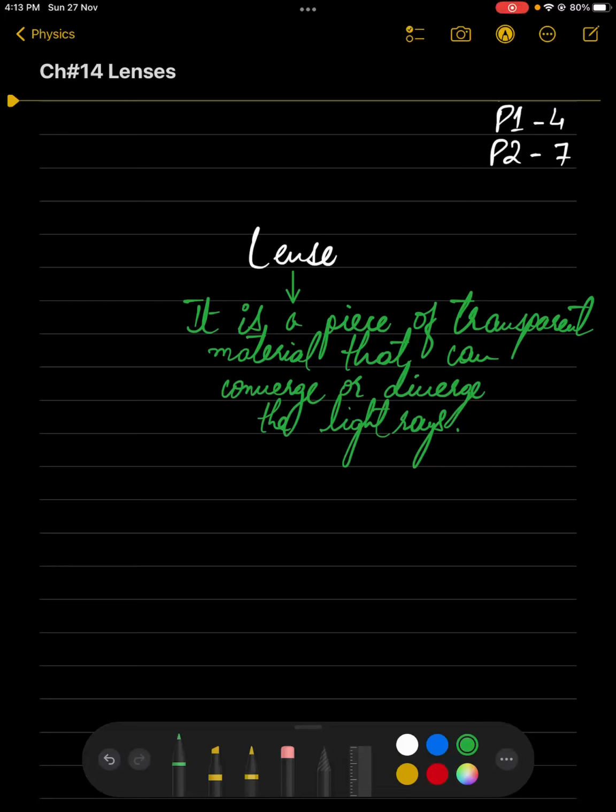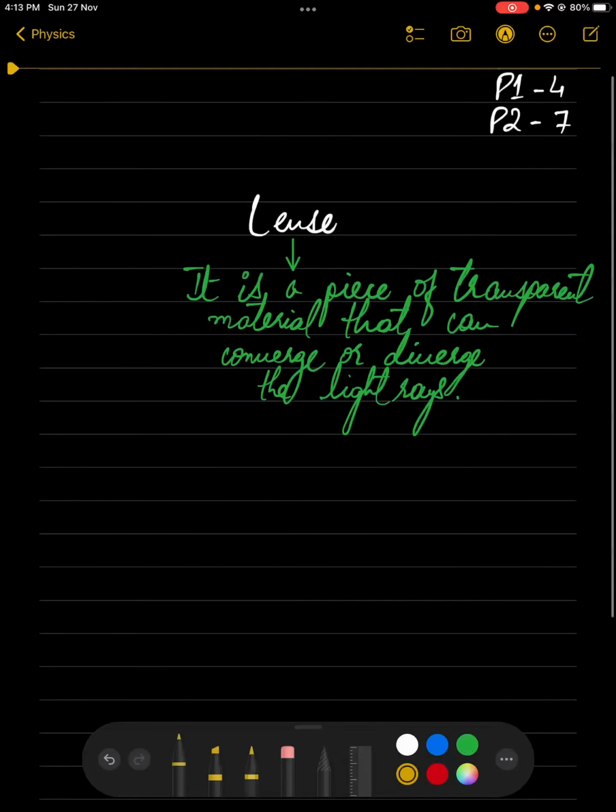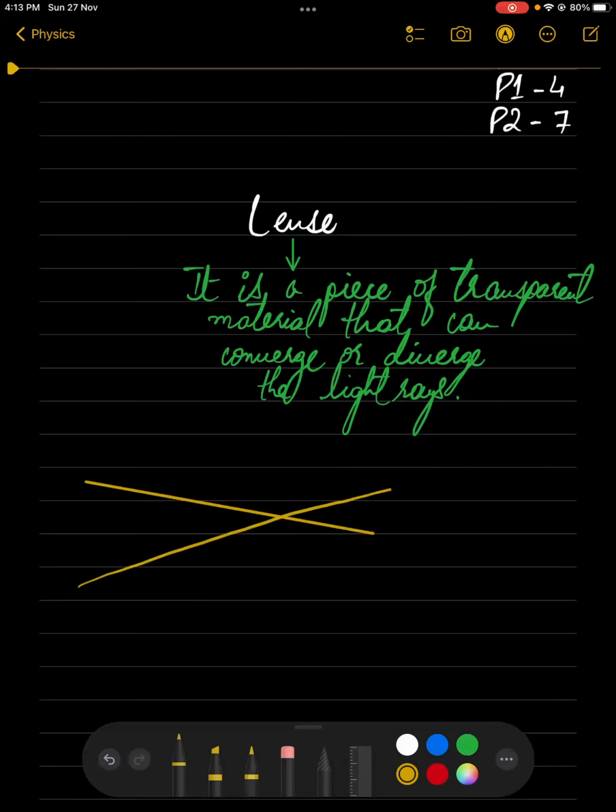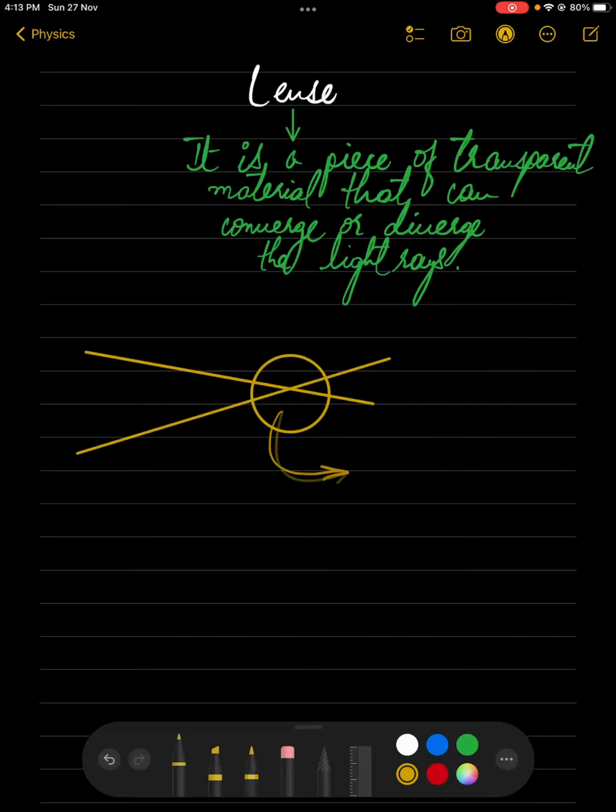Now, the point here is कि हमारे पास जो converging या diverging की terms यहाँ पर use हो रही हैं, उनका मतलब क्या होता है? So, whenever you bring the light rays closer to one another and they cross through or pass through one another at a certain point, that is called converging. तो आप क्या कर रहे हैं? लाइट रेज को कन्वर्ज कर रहे हैं.